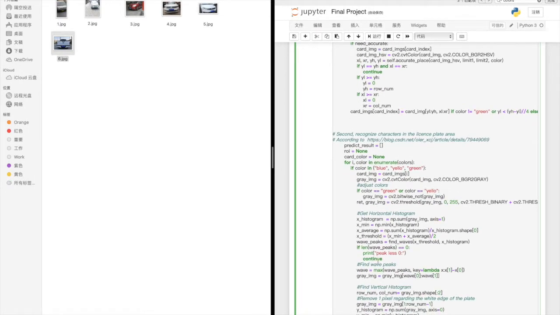As just mentioned, our model is able to recognize only one character at a time. So we should then segment the rectangle area into small areas which only include one character.